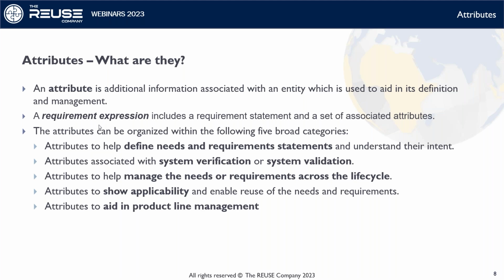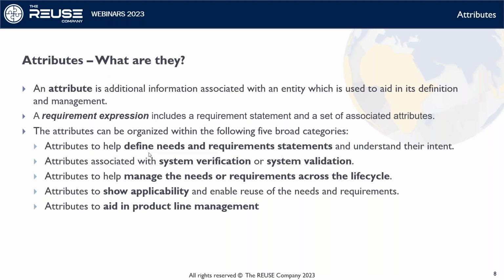Those attributes can be organized within a set of broad categories. The first one is attributes which have the purpose to further define the requirement statement and the underlying need behind that requirement statement. The second category is an important one.